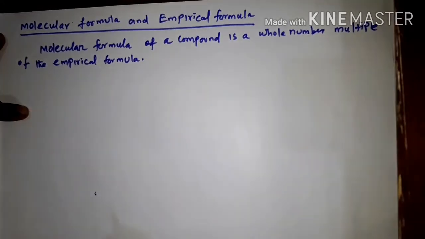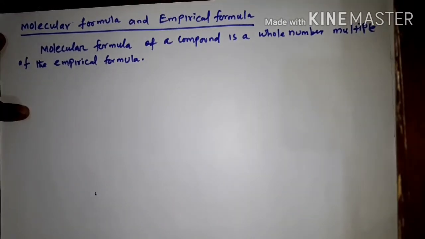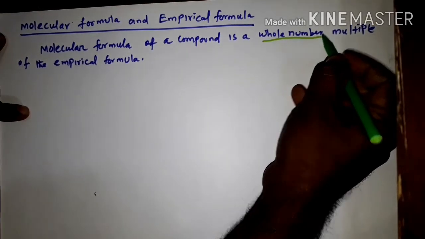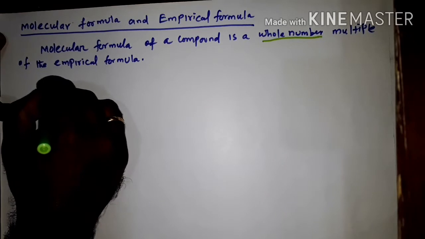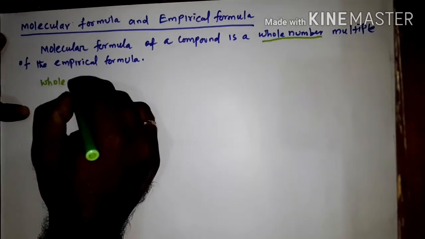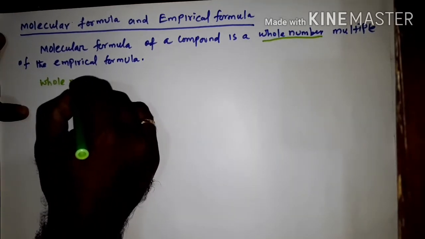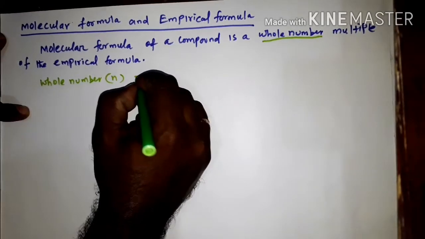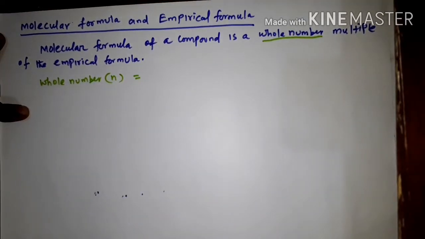To calculate the whole number, you can use the formula: the whole number, represented by n, equals the molar mass of the compound.